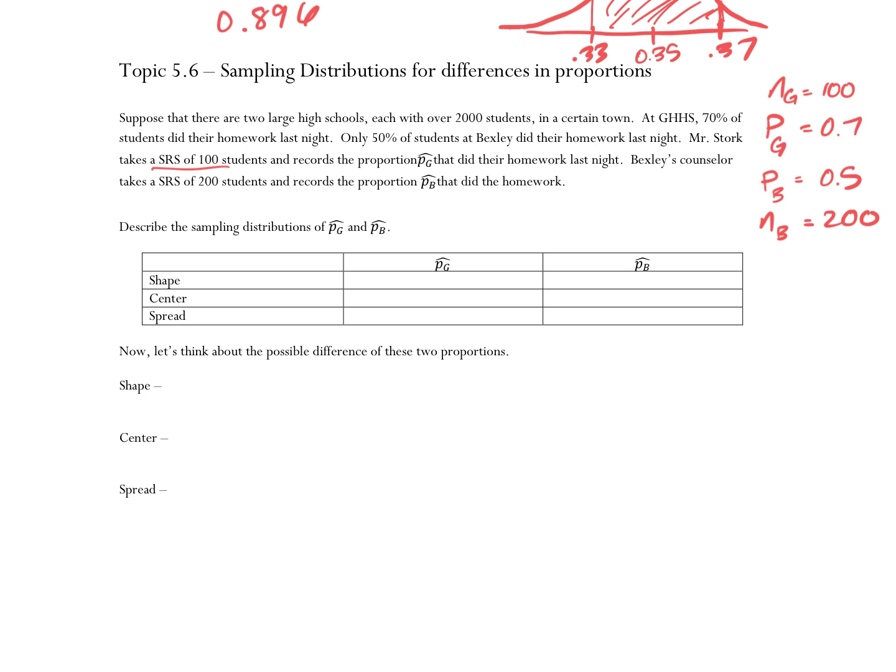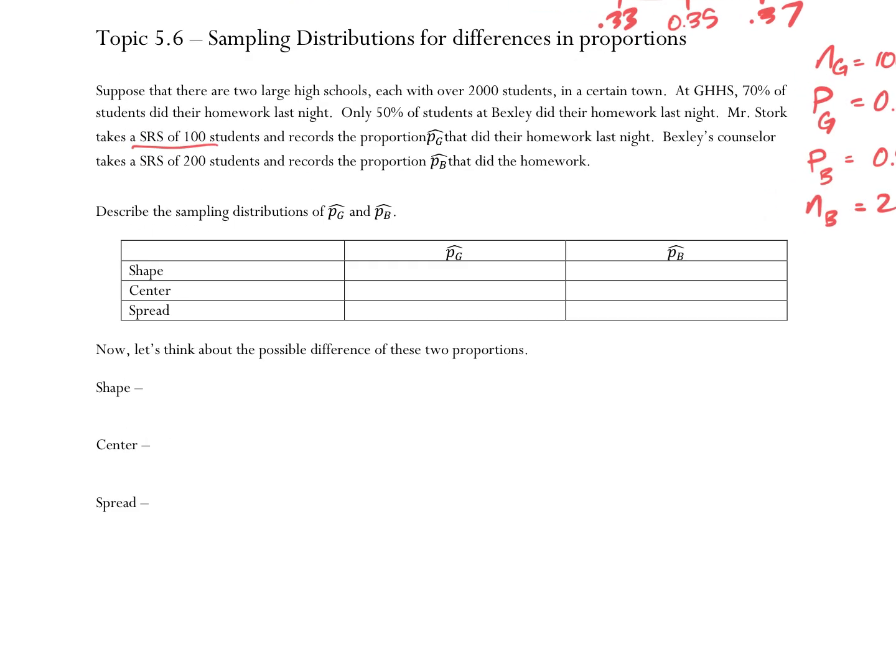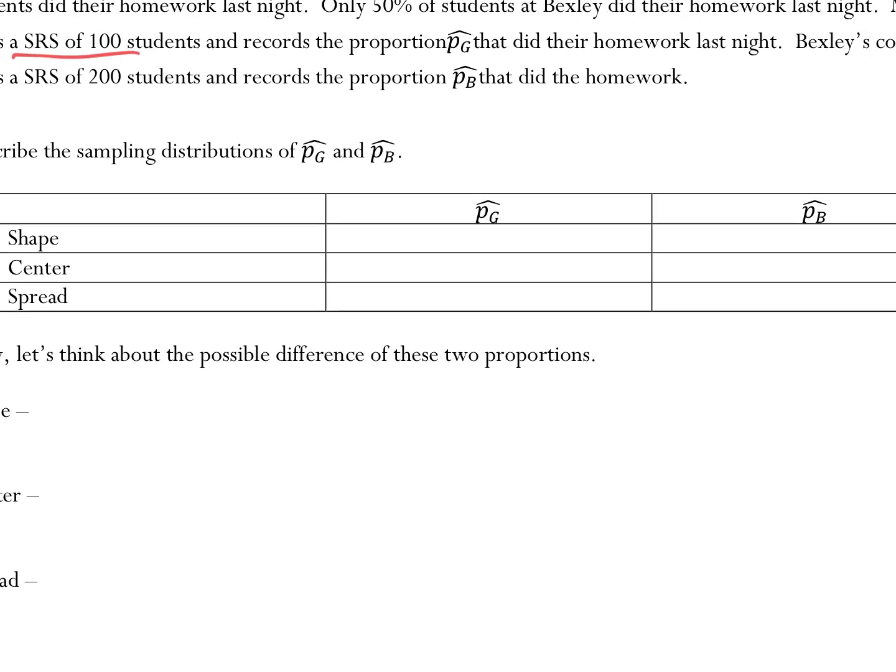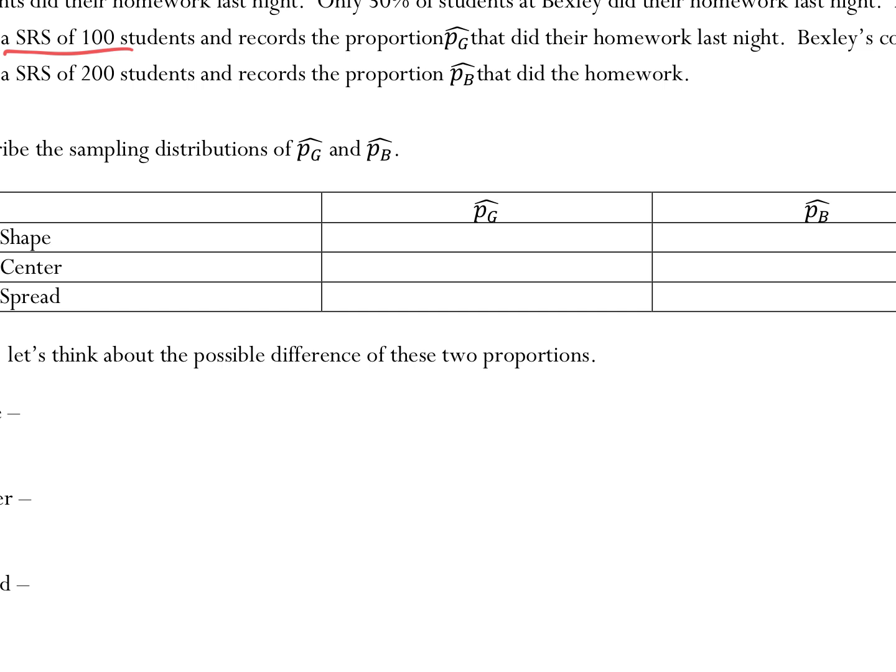All right, so the first question, we're only going to focus on what the distribution of the possible P hats from Grandview would look like. When we talk about that, we're talking about shape, center, and spread. For the Grandview one, what were the rules for the P hats to be normal? Do we remember that?